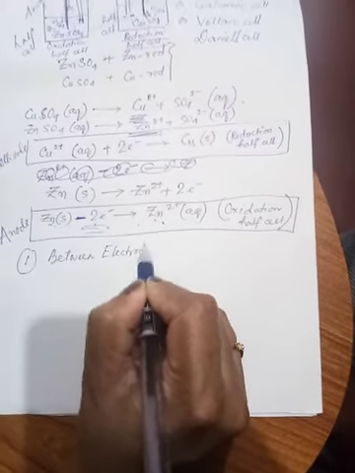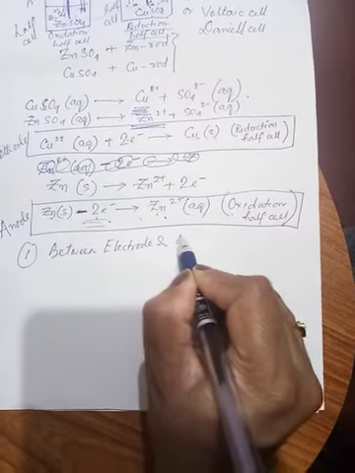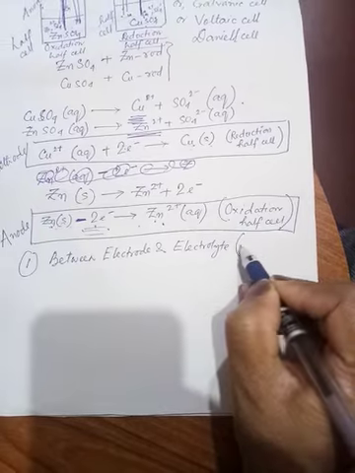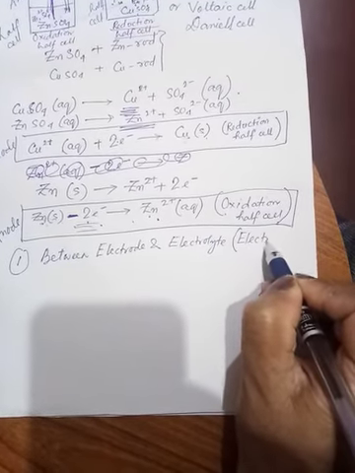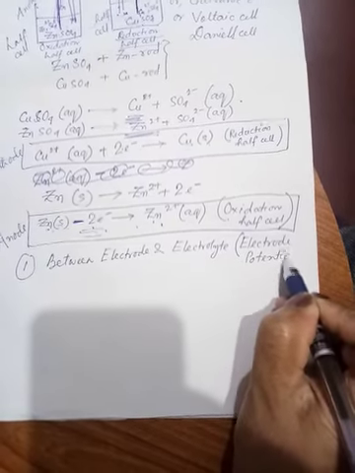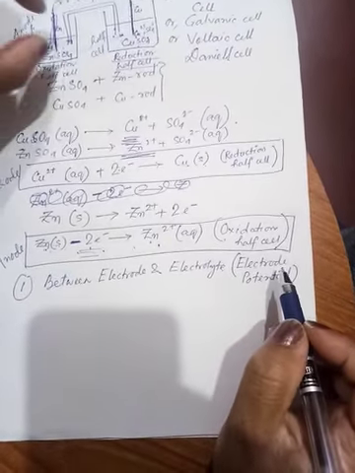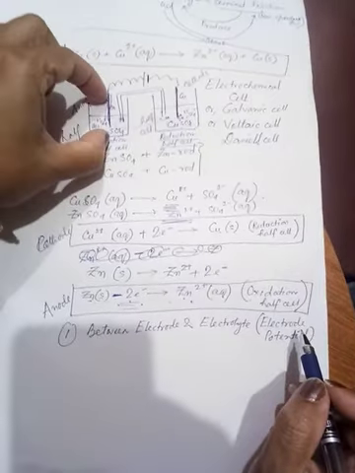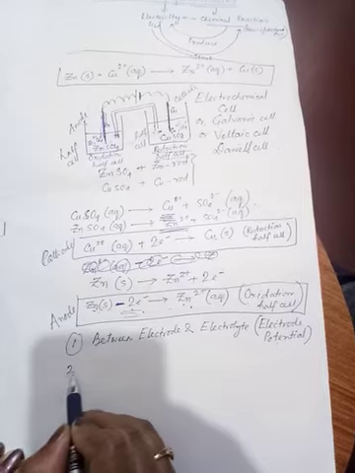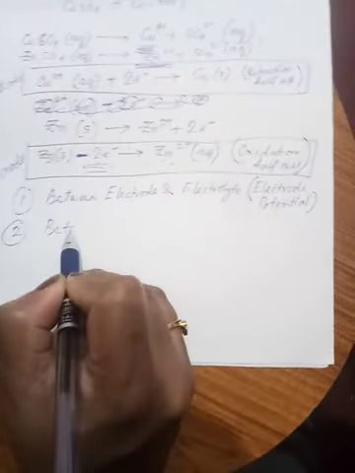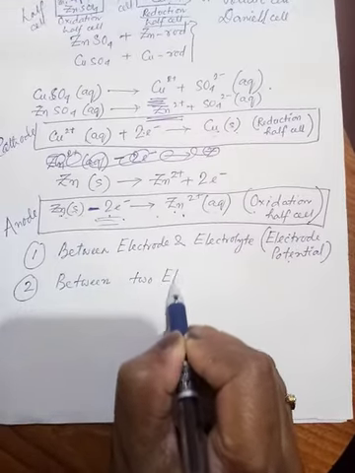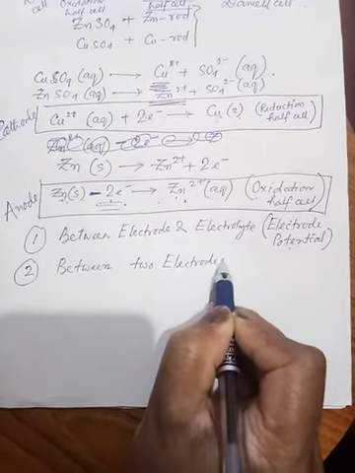The potential difference between electrode and electrolyte is called electrode potential. Two different things you are learning. That means inside one part, either here or there, in both places you have electrode potential. Between two electrodes, what do we mean by two electrodes?